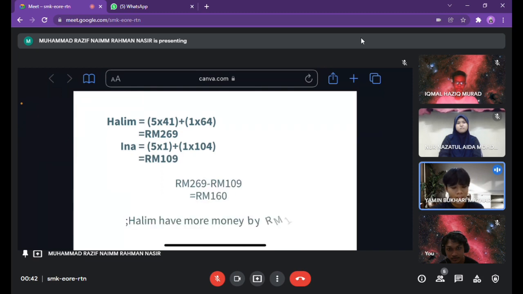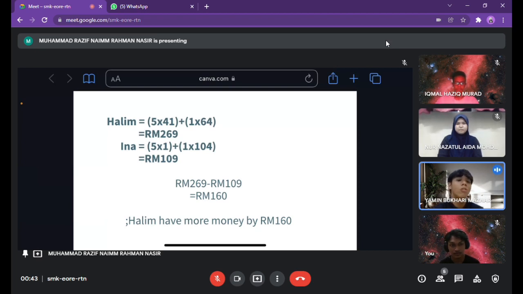The question asks, who has more money in notes and by how much? To find how much Halim and Ina have, we need to multiply the pieces of money by their real amount.